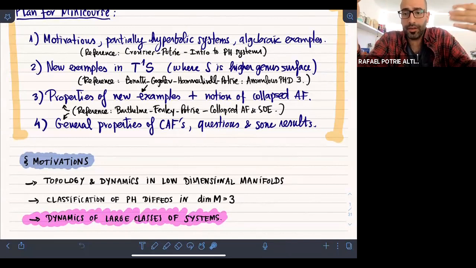And that, I think, is something that for these new classes of examples is really like open ground. There are many questions and there's place to play around a lot.